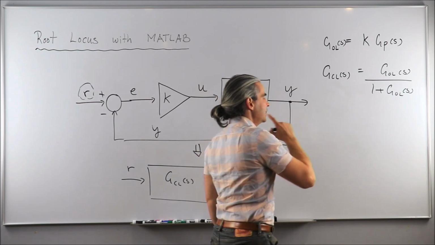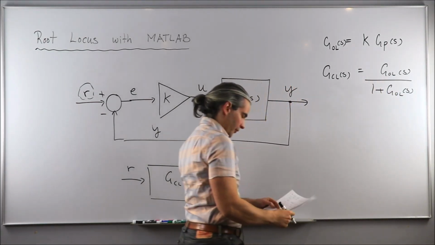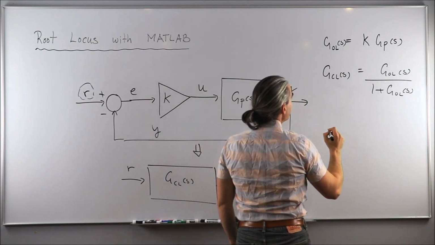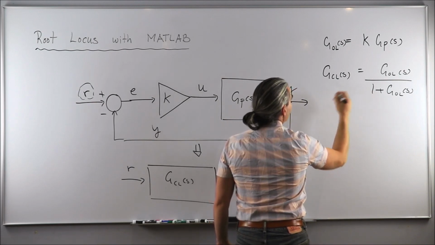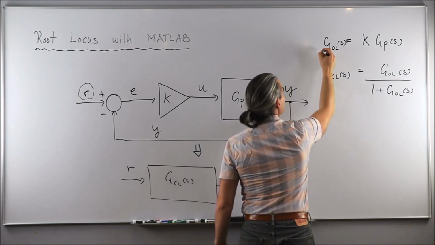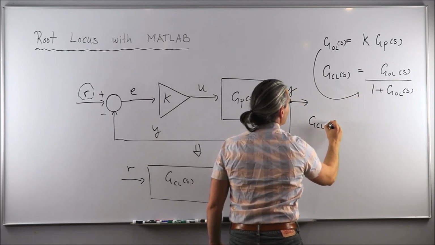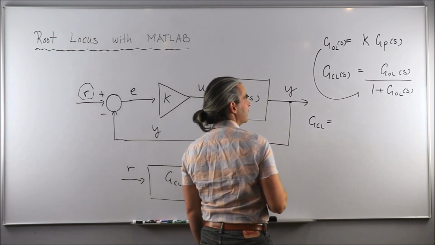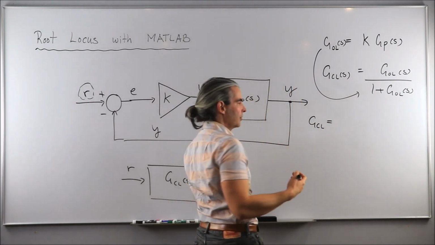But then we needed to get the poles of that transfer function. So the first thing we did was to substitute G open loop inside of it. So G closed loop, I'm going to drop the function of S for the follow-up development just to ease up the nomenclature a bit.